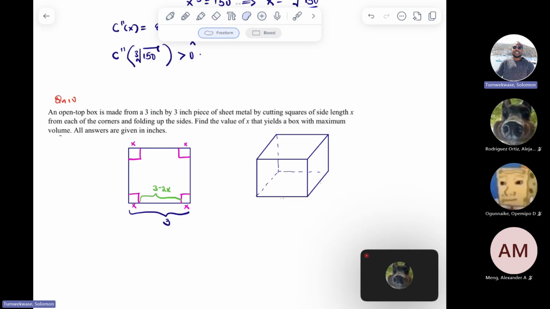What is happening? Remember what we are changing. This here is the top of the box, so you can say it is this here or this base here.